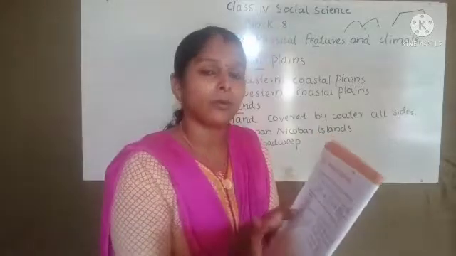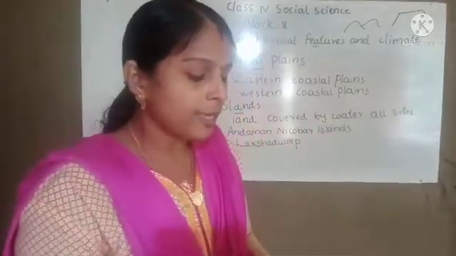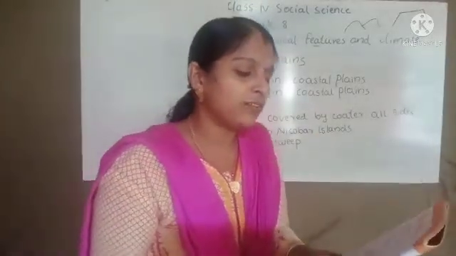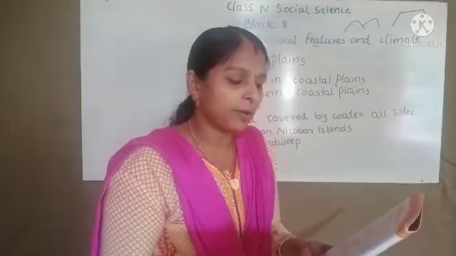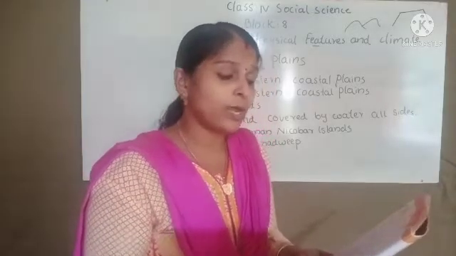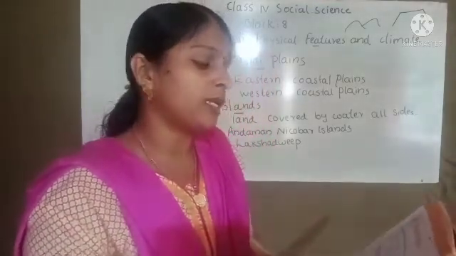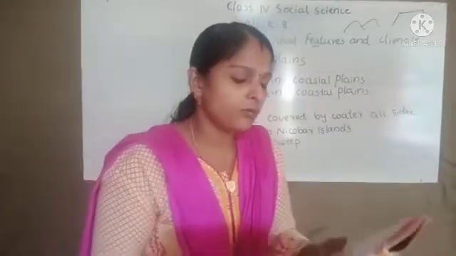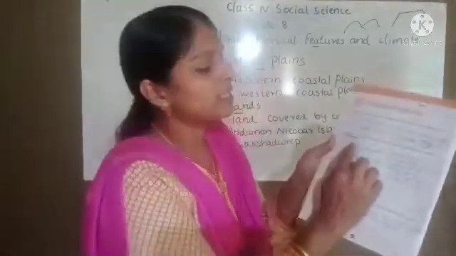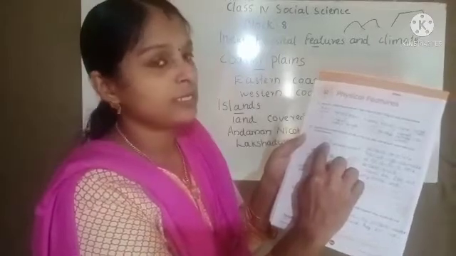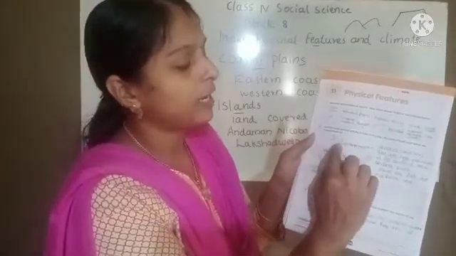Kerala. Okay, no problem. Next, label the major physical features of India on the map. At least you have to write at least one point about any two physical features. So how to mark, children? First one is the northern mountain, on the northern border.